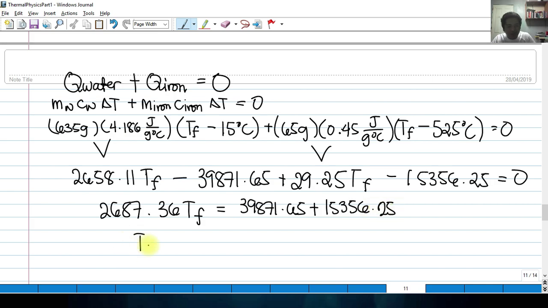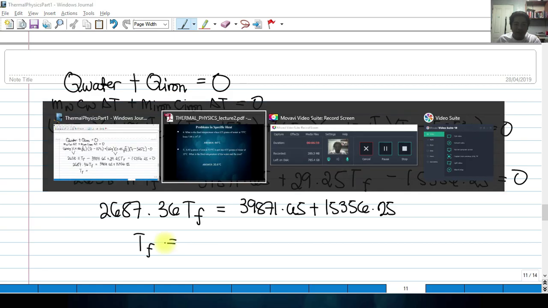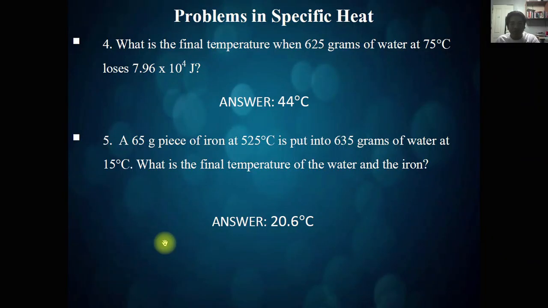And if we solve for T F, we have 39871.65 plus 15356.25 divided by 2687.36, and the value of our T sub F should be what?